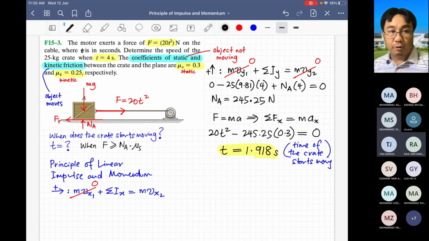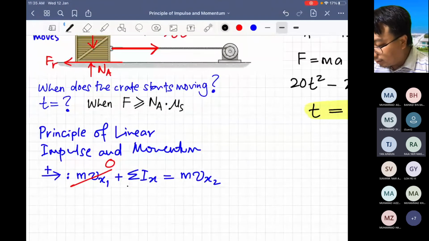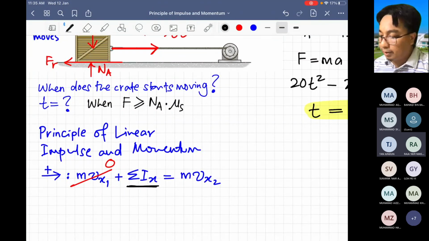Okay. So I'm gonna show you macam mana nak calculate dia. Now dia akan jadi, okay, the way kita tulis ini tak berapa membantu kita tulis macam ni, because now dia tak mula daripada kosong, dia mula daripada 1.918 sehingga 4.